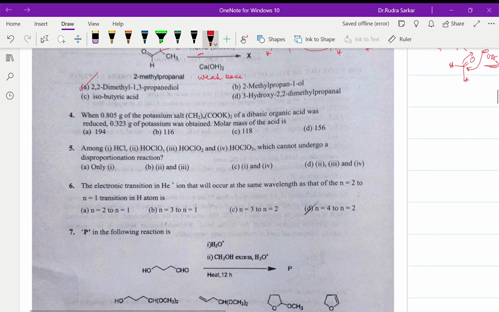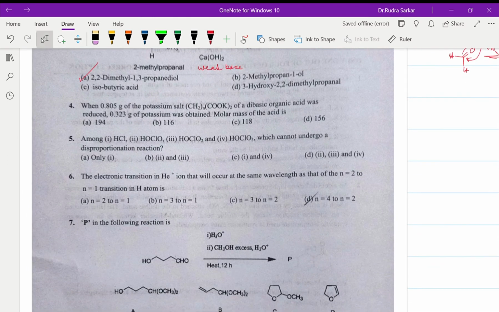Next question: among the following, among HCl, HClO, HOClO2, HOClO3, which cannot undergo disproportionation reaction?